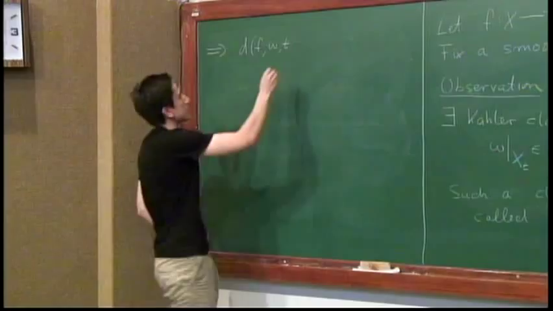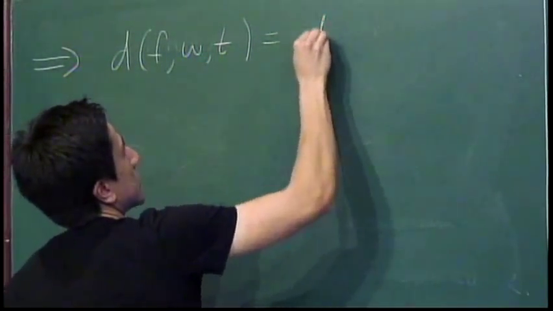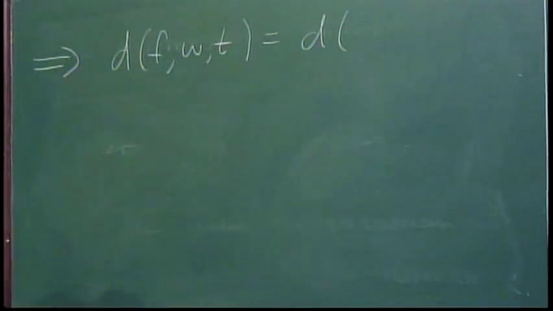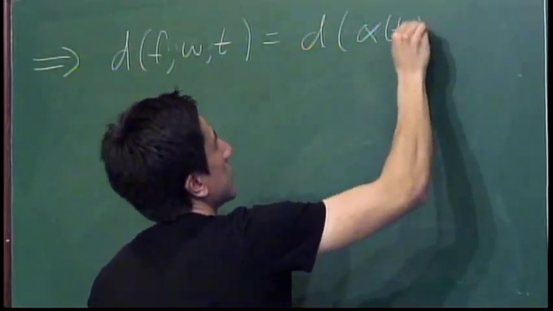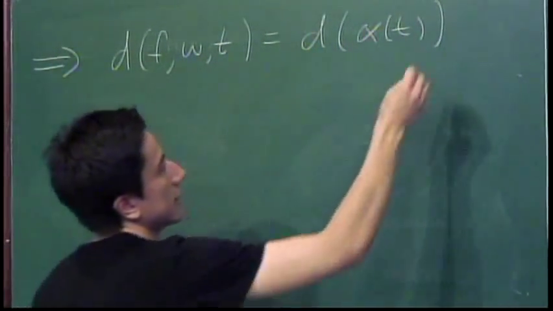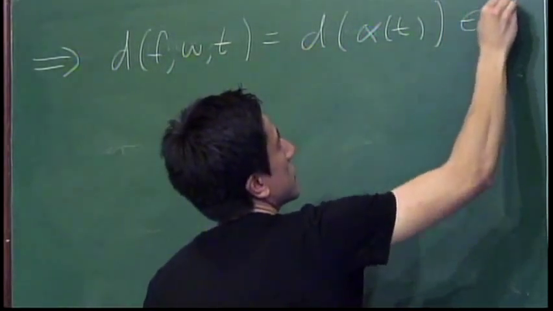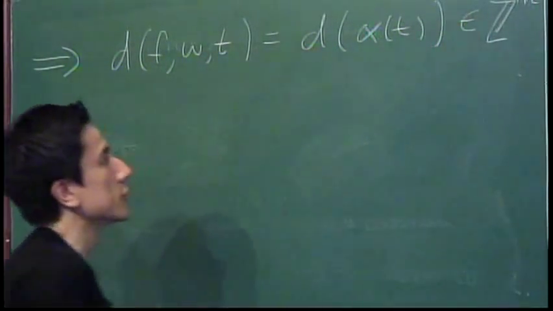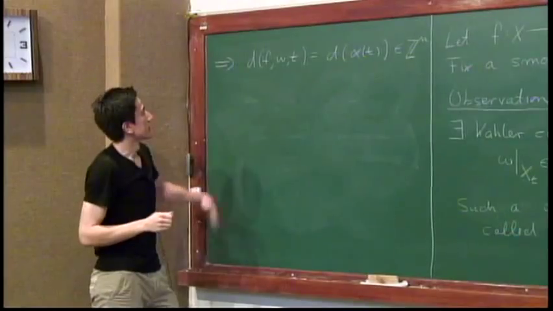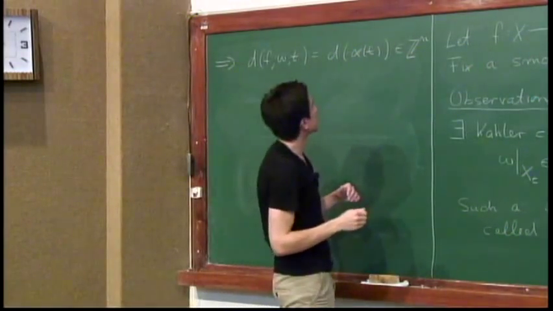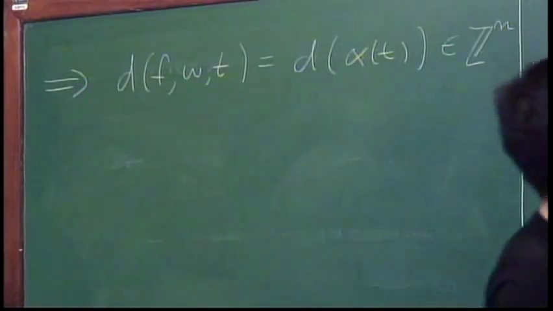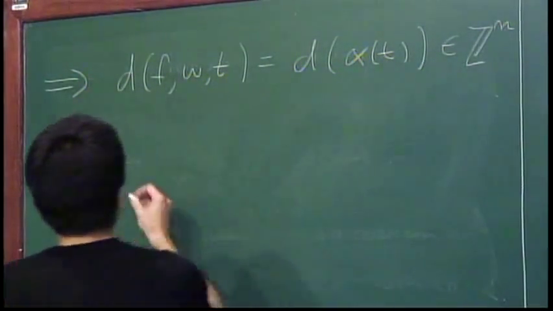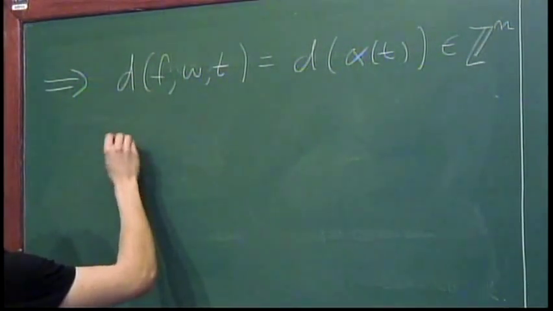The polarization type is computed as the polarization type in the usual sense of the polarization defined by alpha_t, but this has values in C^n, and the section alpha is in particular continuous. And B0 is connected, so it must be constant.